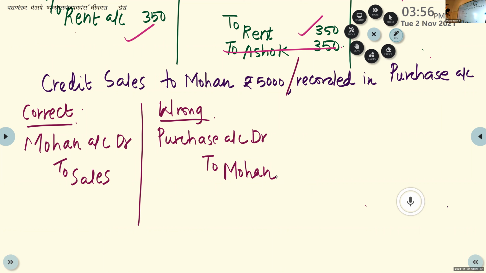Mohan account debtor to sales is the correct entry, and it is written as purchase account debtor to Mohan. There is no mistake related to the amount. Did I write the amount? Yeah, 5,000. So Mohan account debtor 5,000 to sales 5,000. So the amount is correct. No correction has to be made regarding the amount.